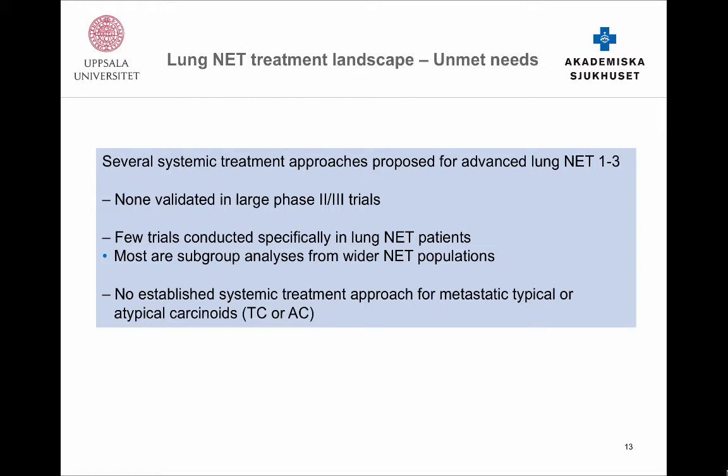And there have been several systemic treatment approaches over the years, but mainly phase 1, phase 2 studies. We had, luckily now, one phase 3 trial, which I'm coming back to, which is the first one actually indicating the role of everolimus or Afinitor in neuroendocrine tumors.